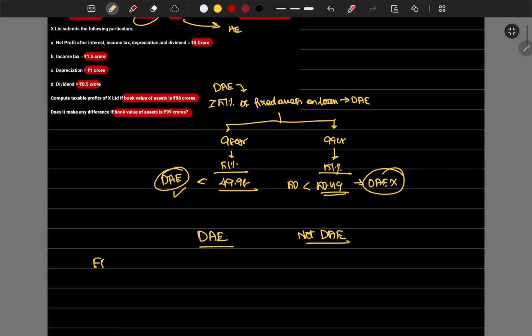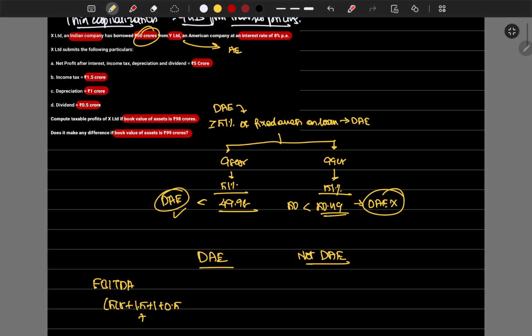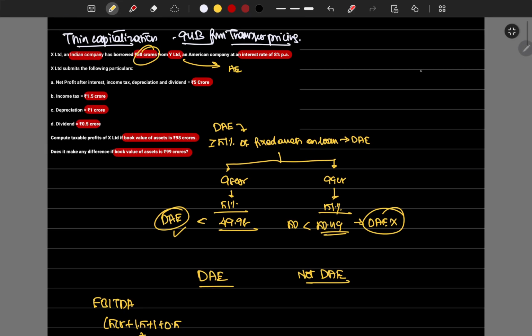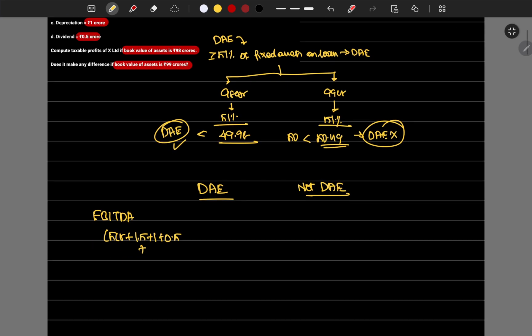What's the EBITDA? 5 crore plus 1.5 plus 1 plus 0.5 plus interest. How much is the interest? 50 crore into 8 percent. If any dates had been given, we would have to apportion the interest as per the dates. So 4 crore is the interest. Total is 5 plus 1.5 plus 1 plus 0.5 plus 4, which is 12 crore.